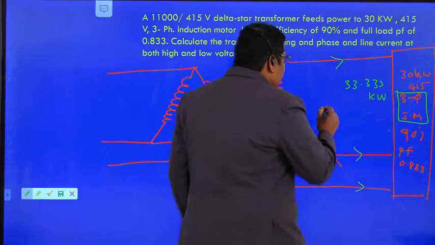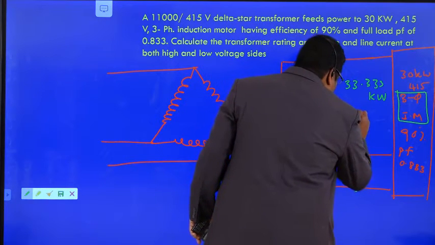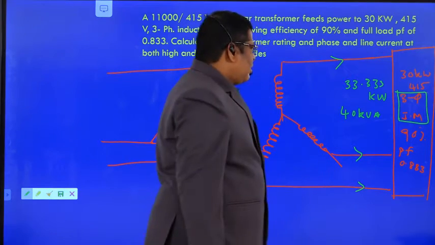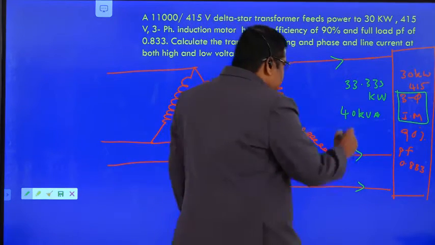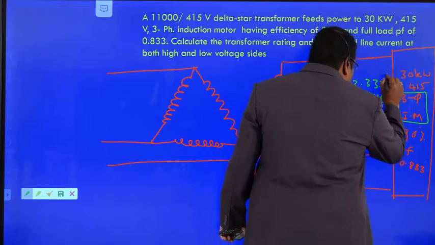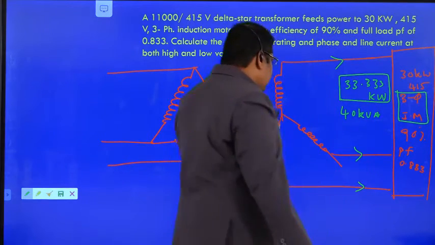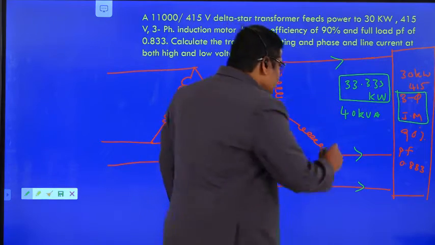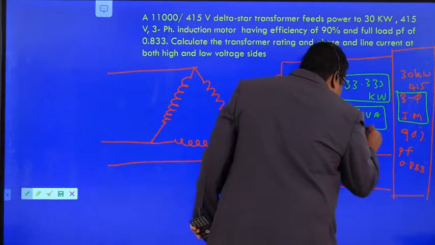So 40 kVA. This much power should be given by the secondary winding of the transformer to the induction motor. This is the value in kVA.